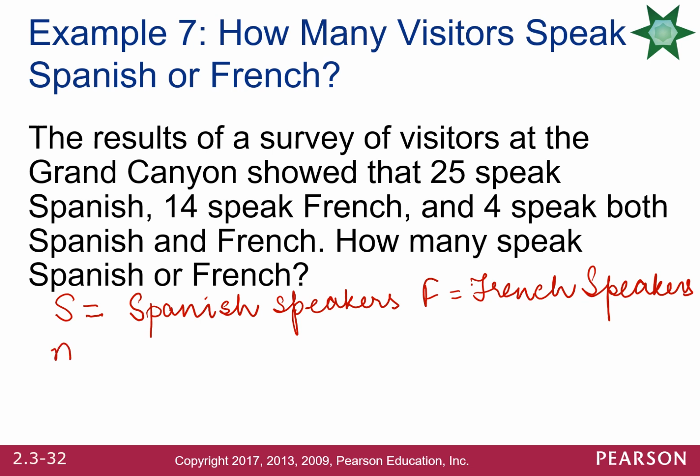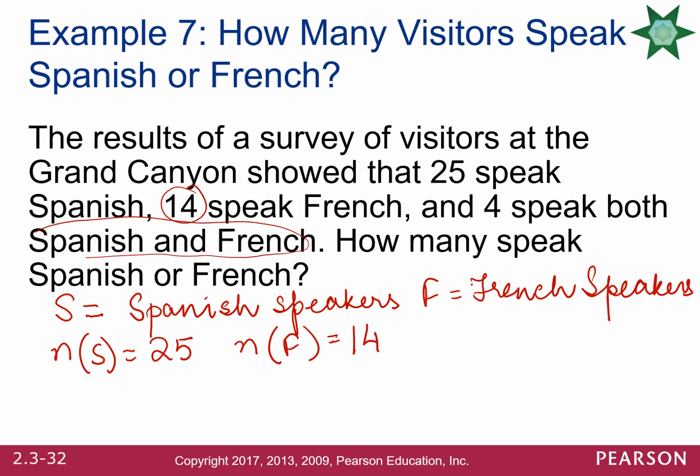And N of S is how much? N of S is 25. N of F is 14, and 4 speak both Spanish and French, so that's the commonality.